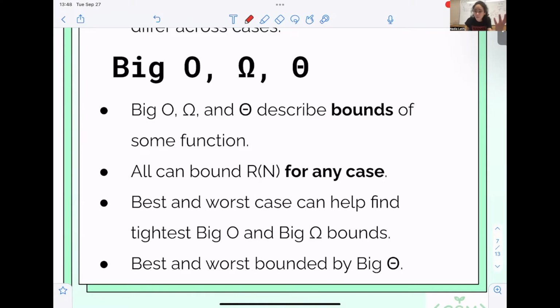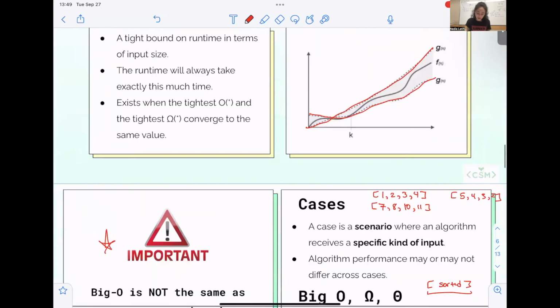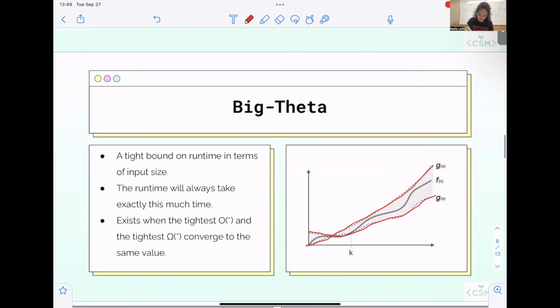Anytime that I get an array that's already sorted and I put it into my sorting algorithm, it's always going to take me the same amount of time to deal with that type of input. And that's, like we discussed earlier, an instance in which we can use a theta bound, okay?